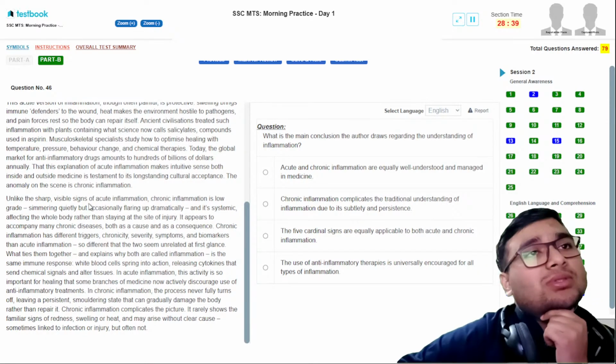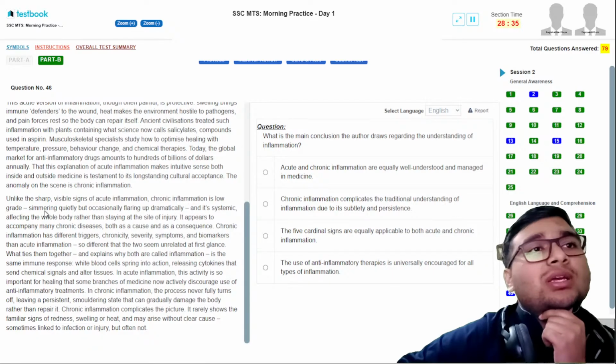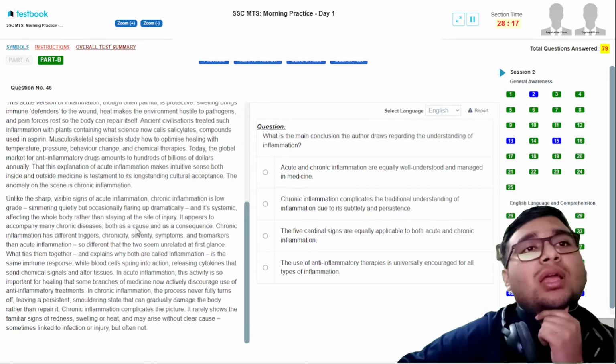Unlike the sharp, visible signs of acute inflammation, chronic inflammation is low grade, simmering quietly but occasionally flaring up dramatically, and it is systemic, affecting the whole body rather than staying at the site of injury. It appears to accompany many chronic diseases, both as a cause and as a consequence.